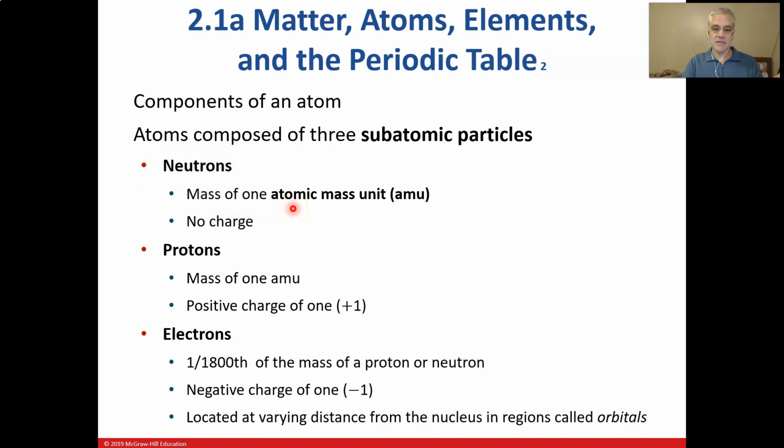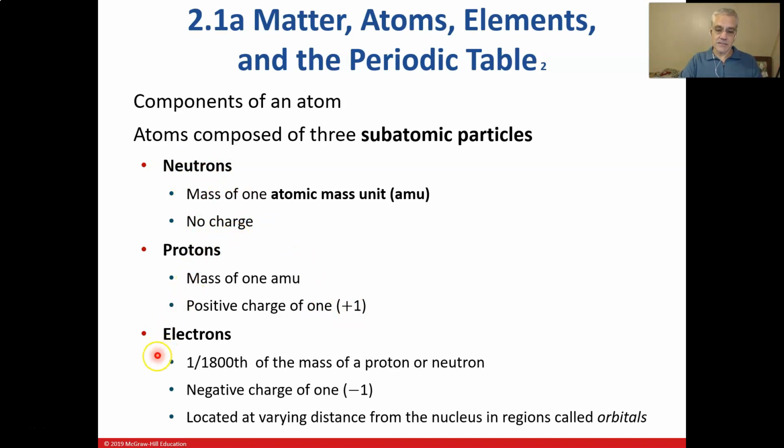They're not precisely the same. Again, if you're taking physics, they're not exactly the same. For our purposes, they are. That's all we really care about. Again, a neutron has 1 atomic mass unit. A proton has 1 atomic mass unit. So they weigh the same. A proton has a charge of +1, but a neutron, as you might expect, has no charge.